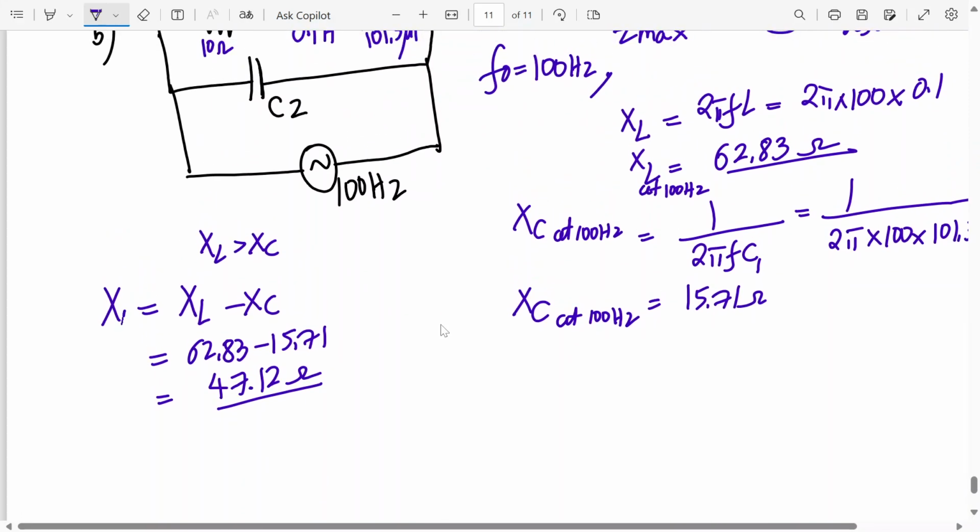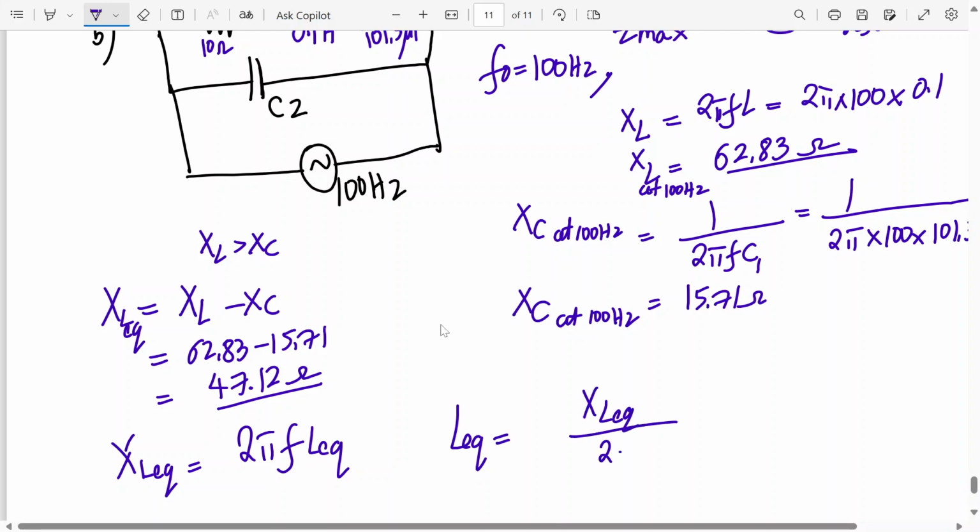So the whole circuit has become inductive, isn't it? So this is XL equivalent. So what is the XL equivalent formula? Tell me. 2 pi F L equivalent. So L equivalent will be XL equivalent divided by 2 pi F. Correct?